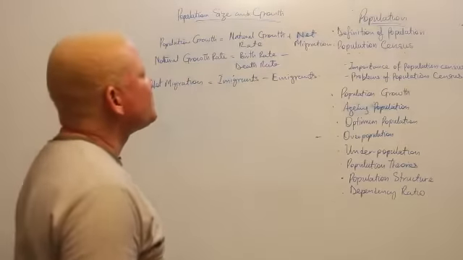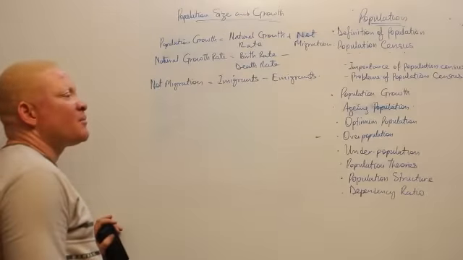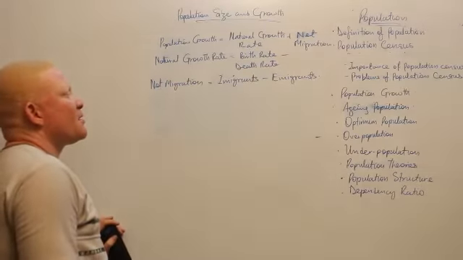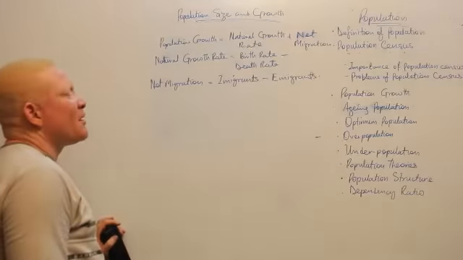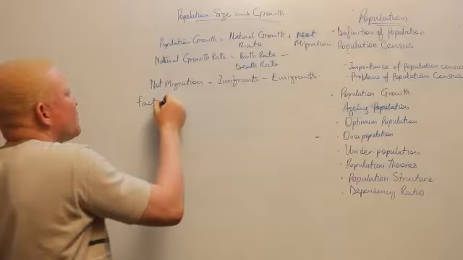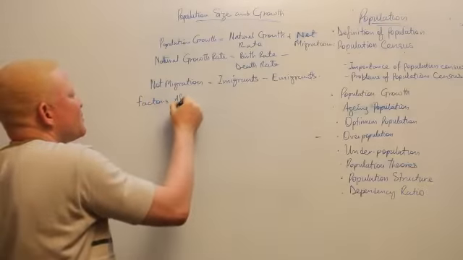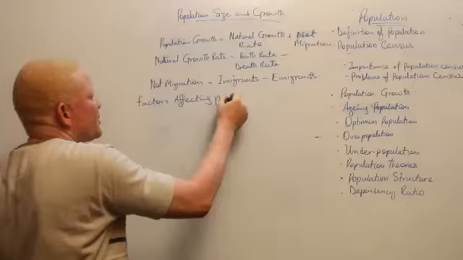Now, what are the determinants? The factors that determine the population growth are birth rate, death rate, and so on and so forth. But we are going to itemize factors affecting population size and growth.